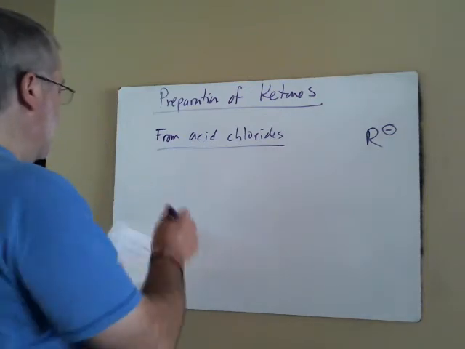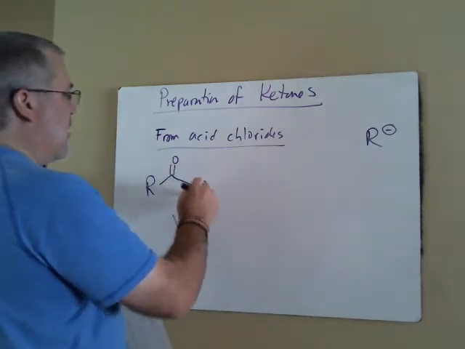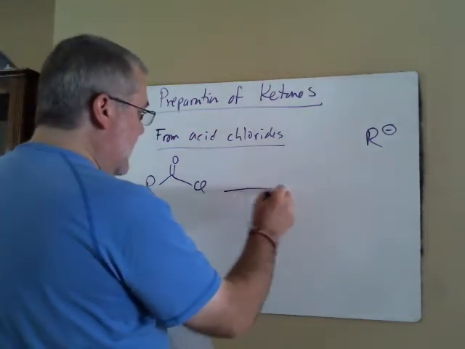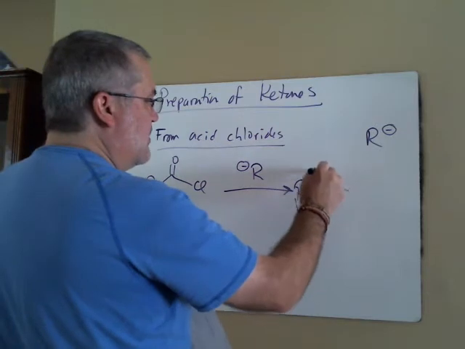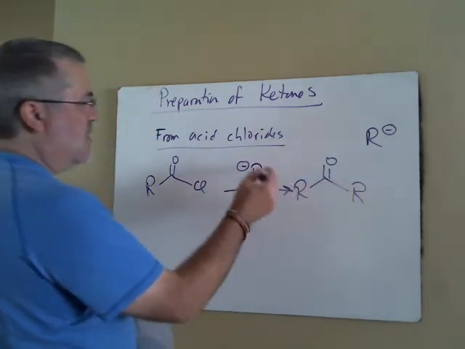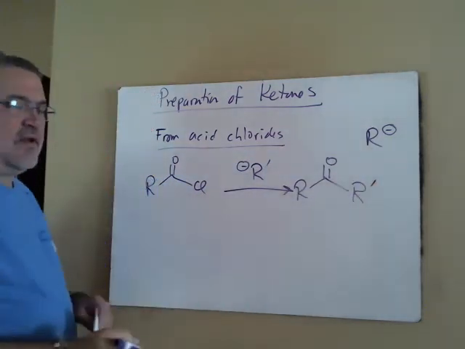So we need something that does this type of reaction where we have our acid chloride and we're going to react it with an R nucleophile, and I'm going to put a prime on this R so we can identify what's happened.